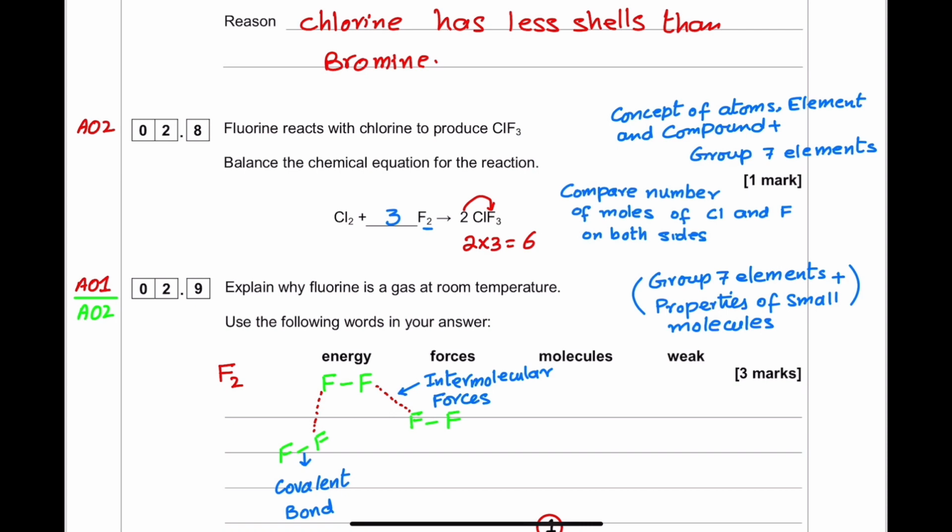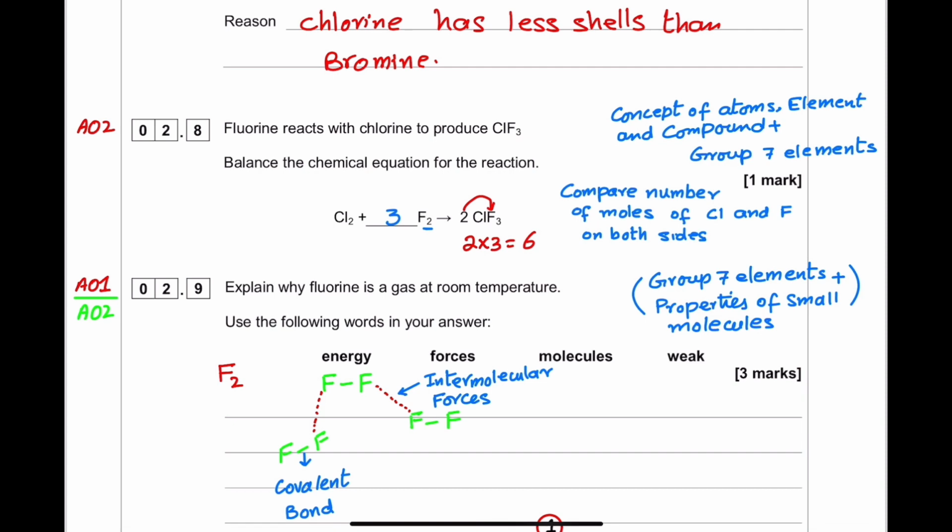These intermolecular forces between the neighboring molecules are very weak. Therefore, it needs a very little energy to break these intermolecular forces present between the molecules. Whereas these green lines are very strong. Students usually make the mistake here.